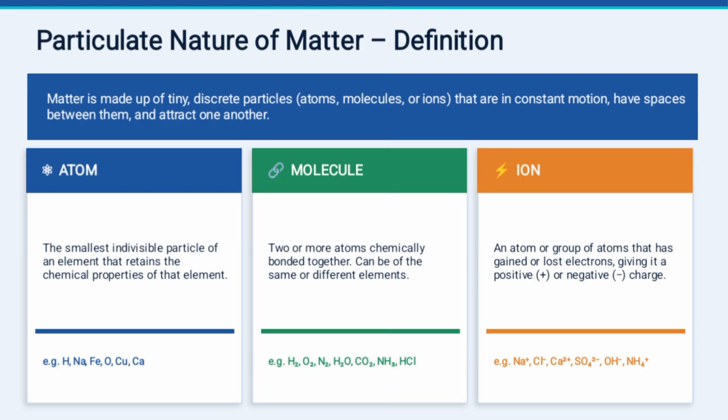The third one is ions. Ions are atoms or groups of atoms that carry charges. Those charges are a result of electron loss or gain. If an atom loses an electron, it becomes a positive ion called a cation.